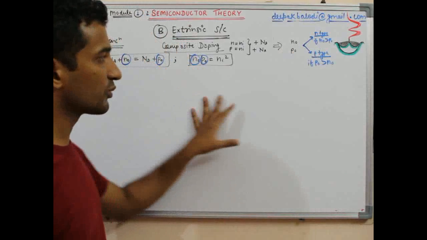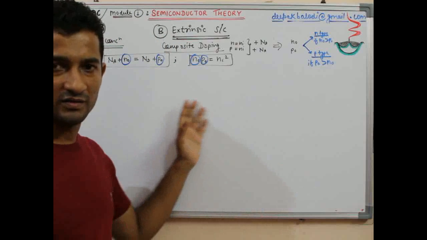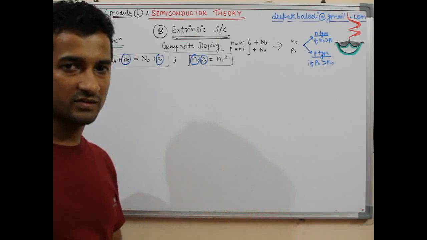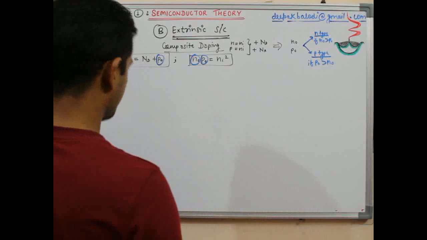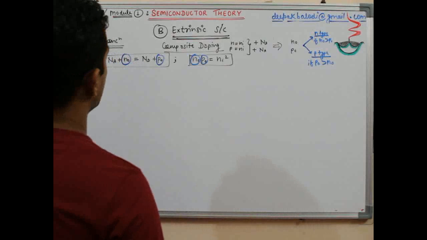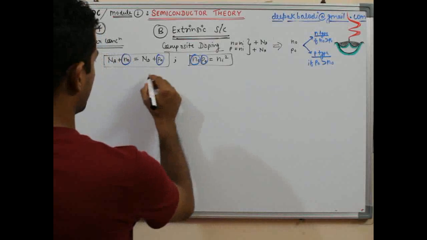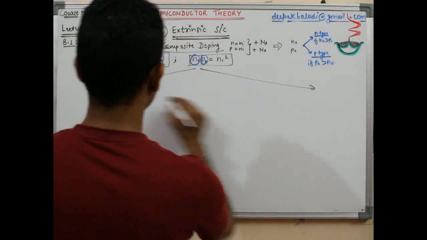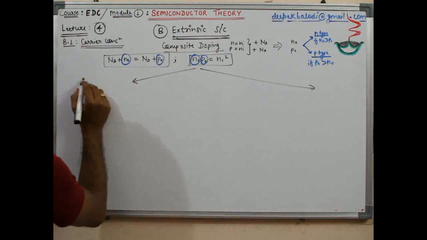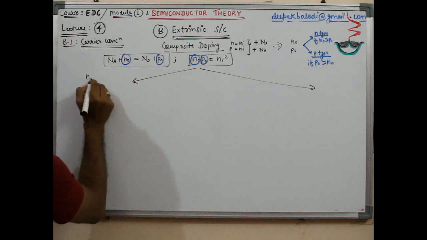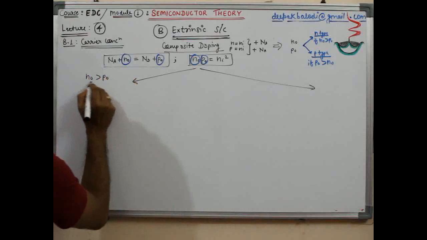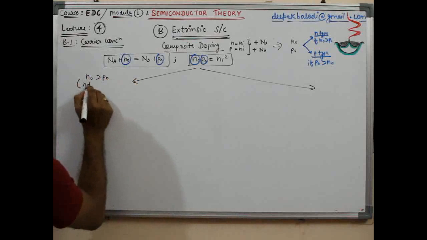Okay, but how to proceed? Just for the sake of some information, for some intuitive analysis, we will proceed with this. I already declared what is going to happen if the case is N0 is greater than P0, so finally it becomes N-type.